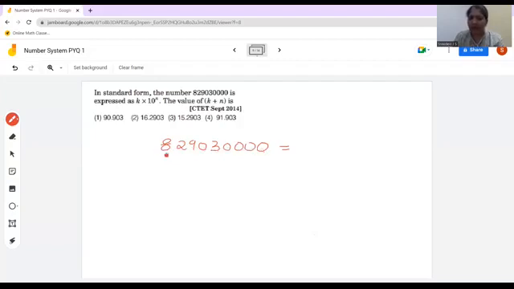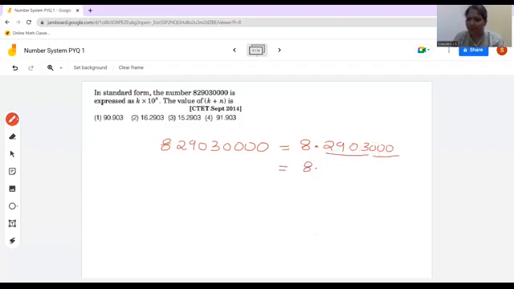And what you have to do is, since it is a positive number like this, put a decimal after the first digit. So 8 point. So total 9 digits are there, so after the decimal point, we'll be getting 8 digits, right? So 8.2903000 we will be getting. Then you rewrite this number as 8 point, only the number part. The extra zeros coming up, you can avoid writing.